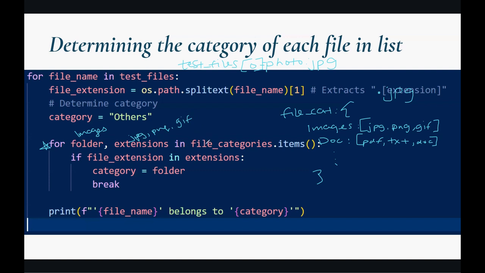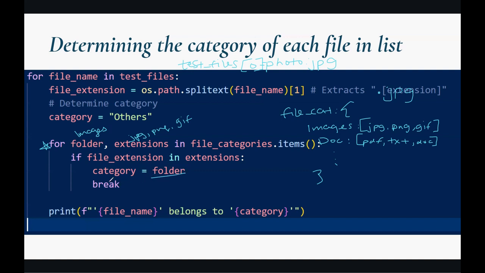For each of these things in our dictionary file categories, if the file extension, which we have extracted above, is within the list of extensions, then we want to update the category for that file to be the name of the folder that we're looking at.